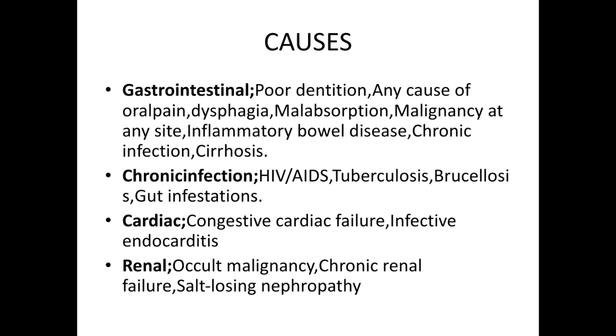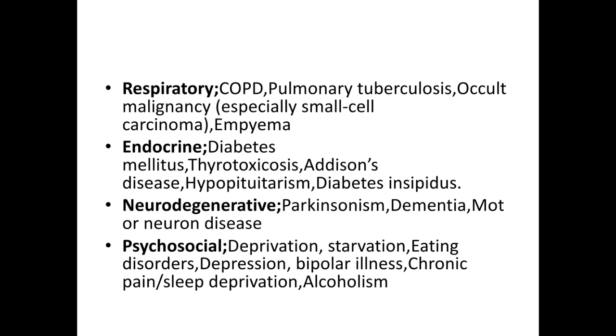In cardiac conditions like congestive cardiac failure, infective endocarditis, in renal like chronic kidney disease, occult malignancies, in respiratory COPD, pulmonary TB, and carcinomas, endocrine in diabetes mellitus, thyrotoxicosis, Addison's disease, in Parkinsonism and dementia, motor neuron disease, and some of the psychiatric conditions like depression, bipolar disease, and in alcoholism.